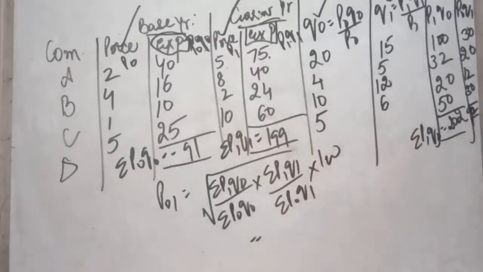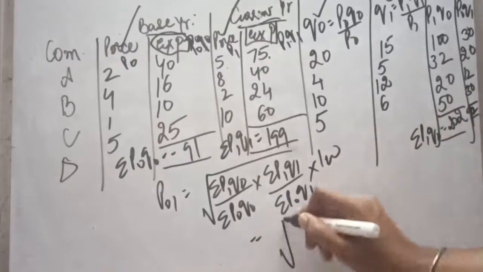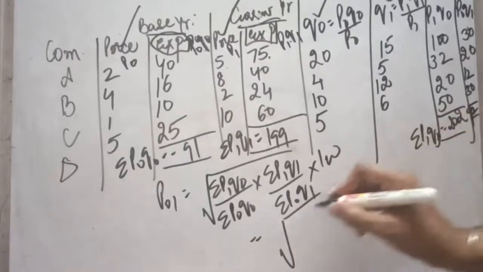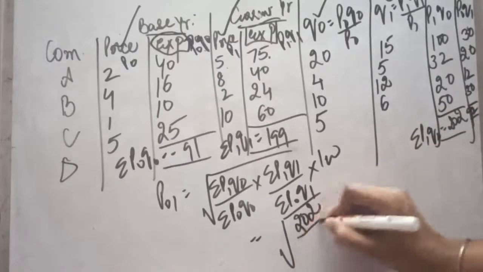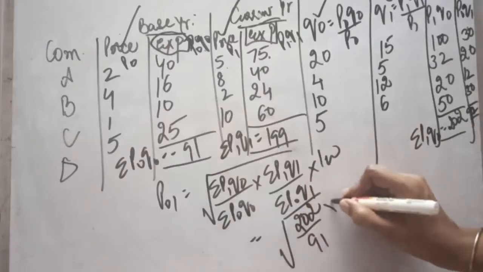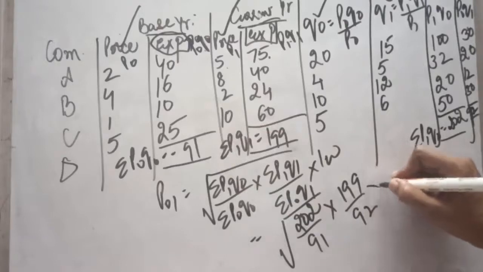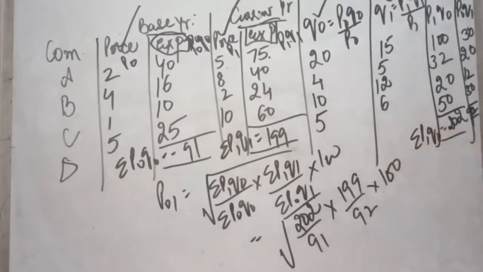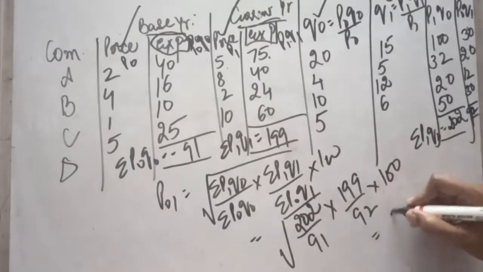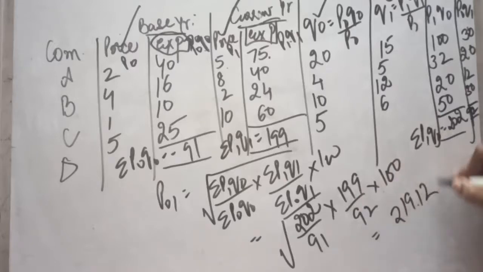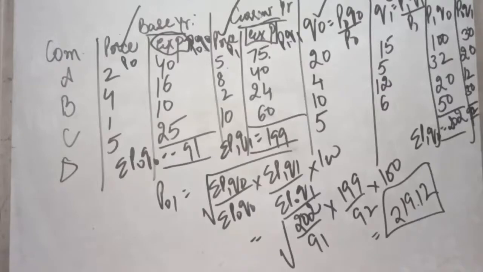So just put in the values over here and find the answer. Sigma P1 Q0 is 202, P0 Q0 is 91, P1 Q1 is 199, and this is 92, multiplied by 100. After solving it, you will get the answer 219.12. So this is how, where you have been given expenditure or values, you have to deal with it.